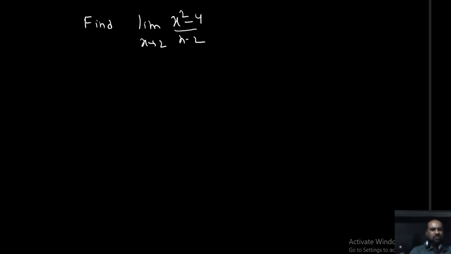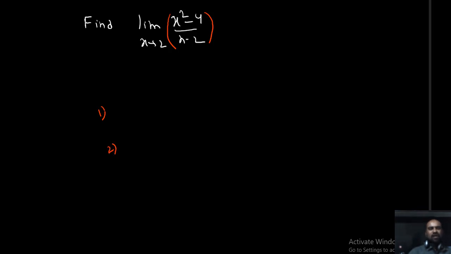This is the question. What happens if x approaches 2, what happens to this function? If this function approaches a particular value, sometimes we want to find what that value is. What approaches do we have? First the algebraic approach, second the graphical approach.